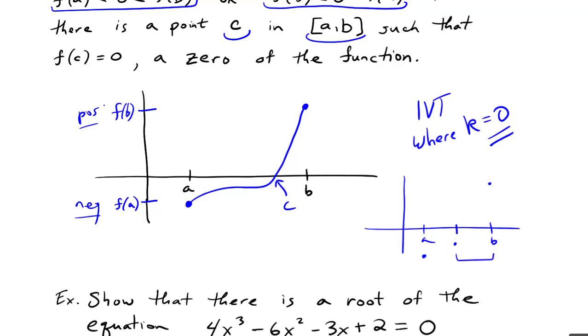And if we did that again and took a place in here, found its value, and said maybe it's in here, then we know that it would have to be in this interval here, and we could go further in there, and we could keep bisecting and going closer and closer and find approximately where that 0 is. So that's just a side note of how this is used in computing.